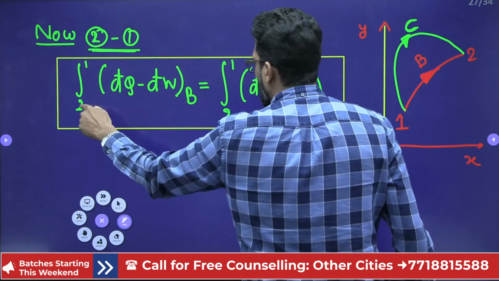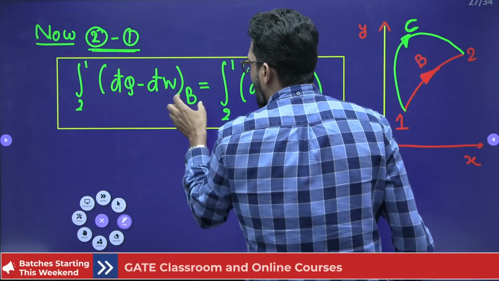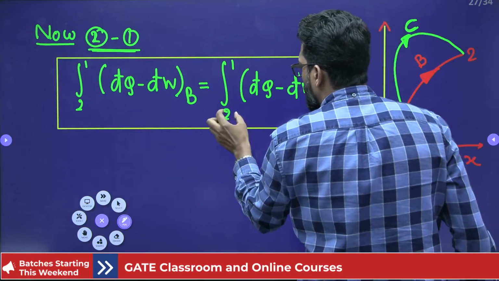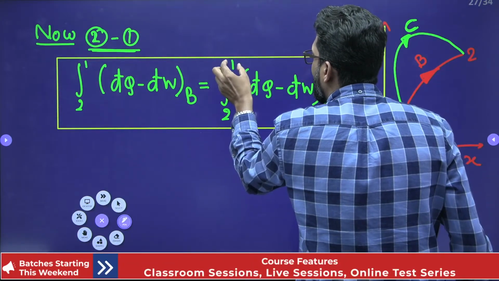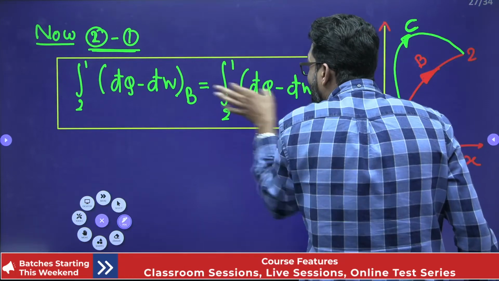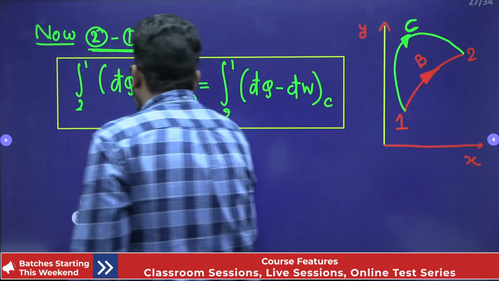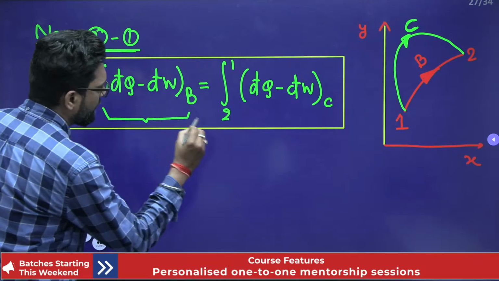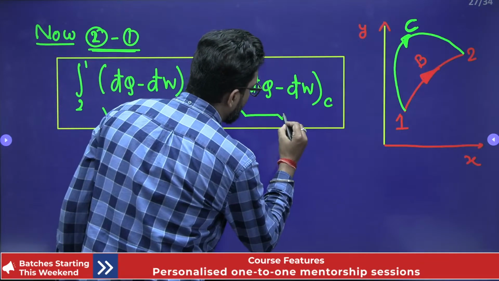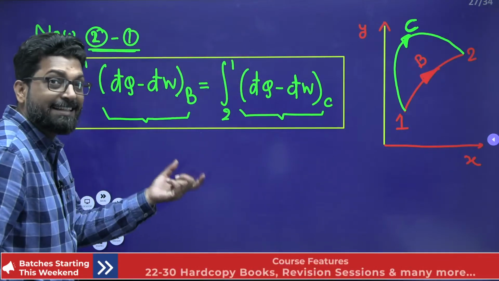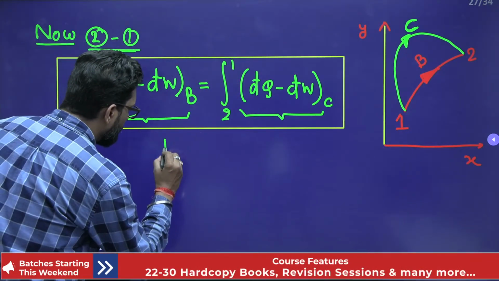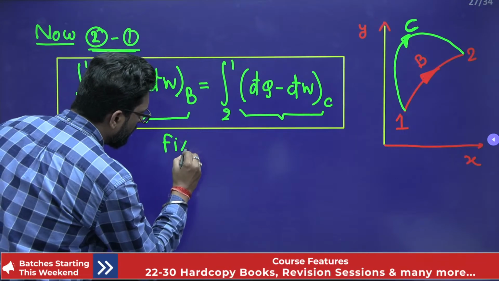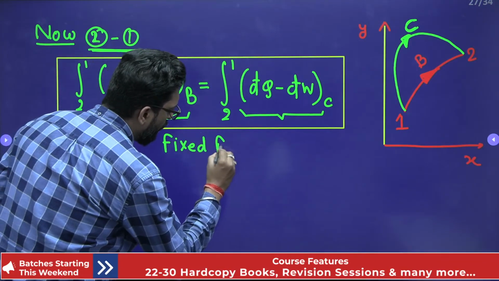So 1 to 2 via path B and 1 to 2 via path C, the quantity is fixed. That means the difference of heat and work is fixed for any process, for any path.